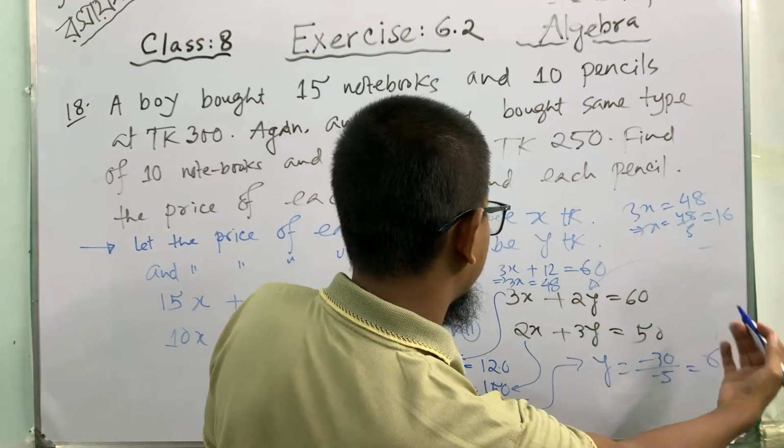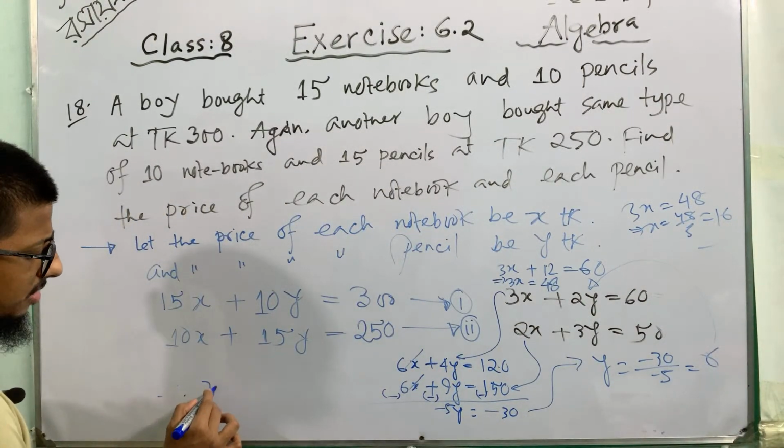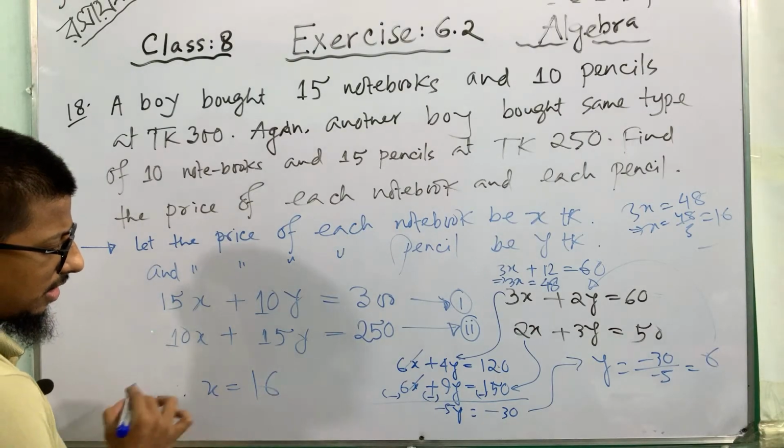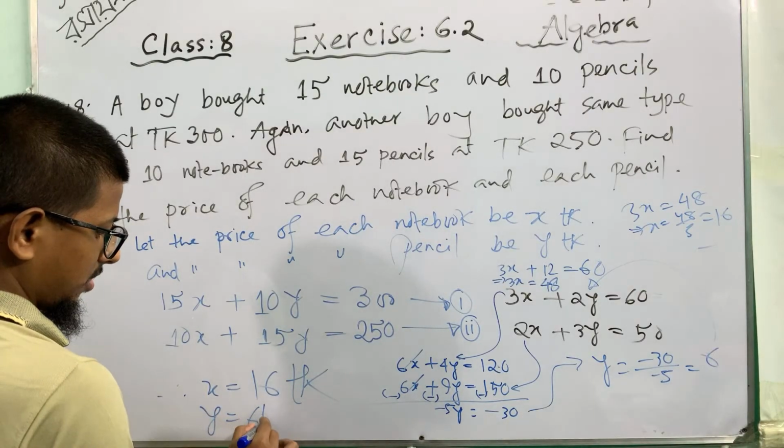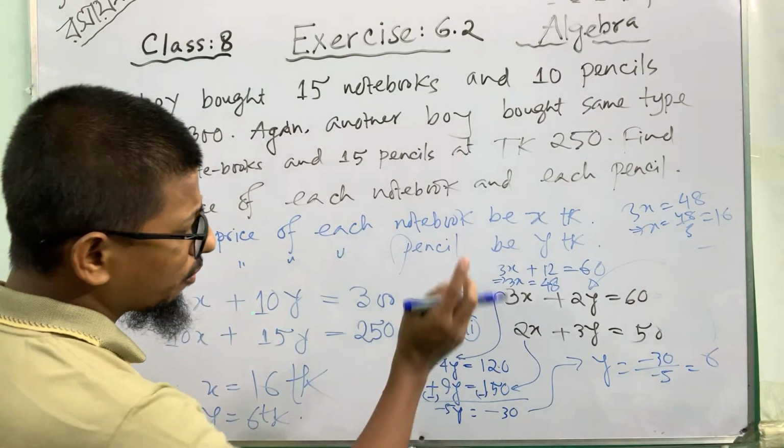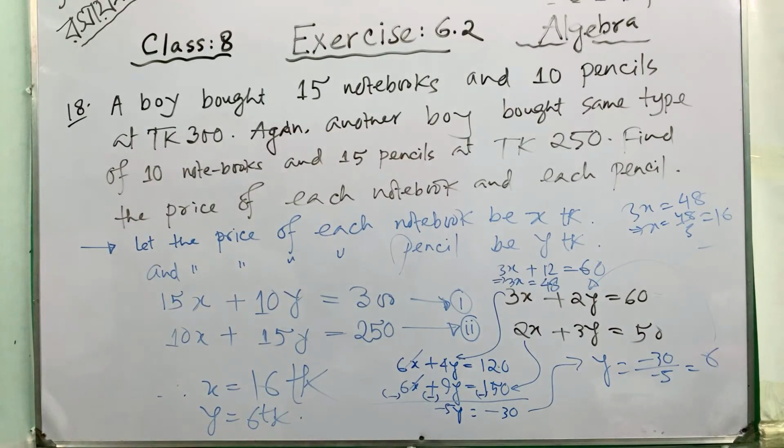So the x value is 16 and the y value is 6. So the answer is that the price of each notebook is 16 taka, and the price of each pencil is 6 taka.